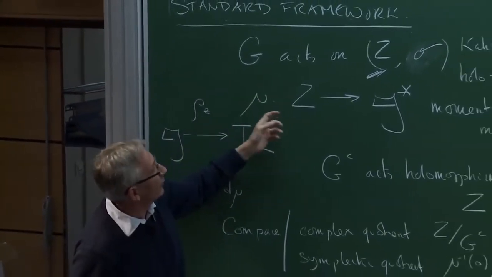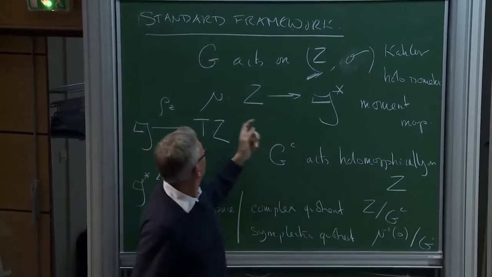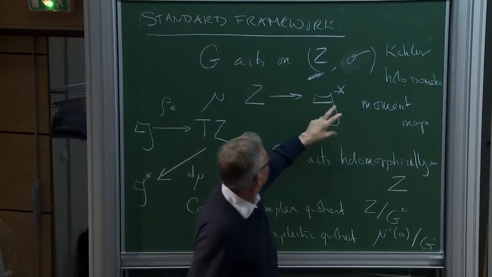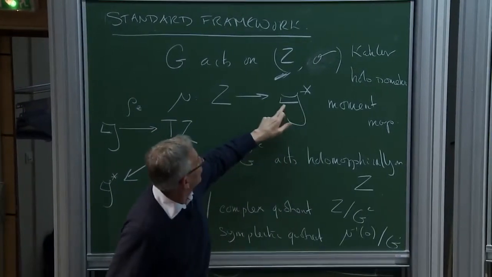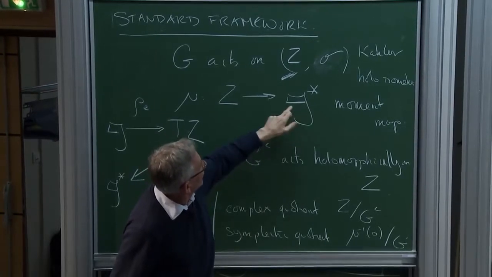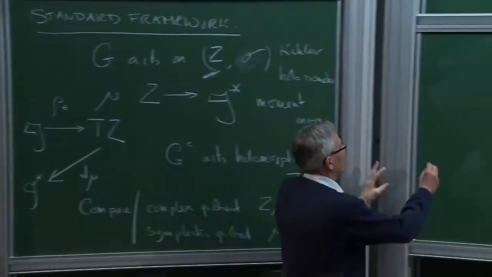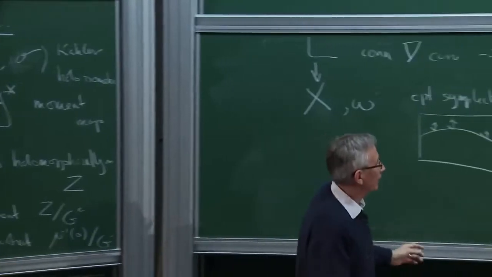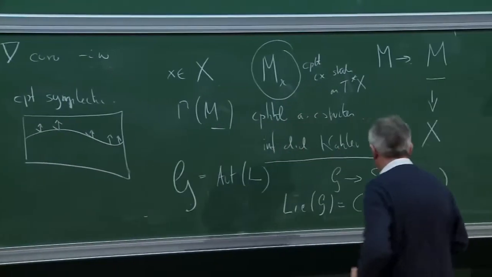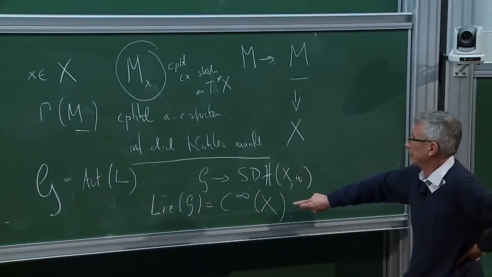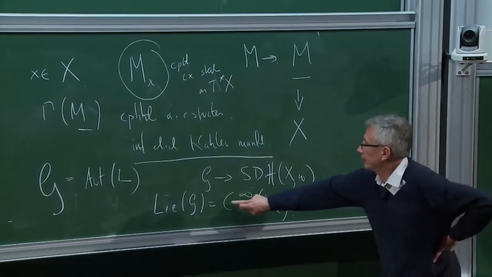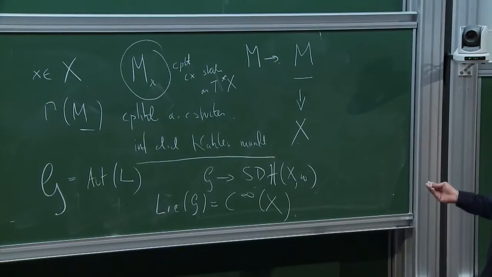What you find, indeed, is that the moment map for this maps into the space of volume forms, if we use the L2 inner product to identify the functions with their dual.